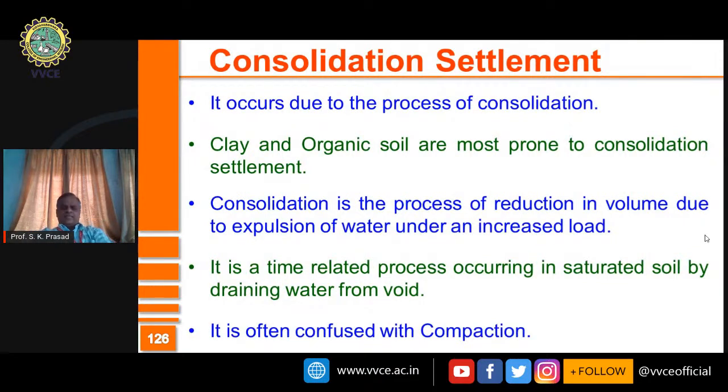Let's move on to the next settlement, consolidation settlement. Consolidation is a process which all of us are familiar with. A soil which experiences consolidation will experience a huge amount of volume reduction, and it is going to cause settlement. Not all soils experience consolidation.